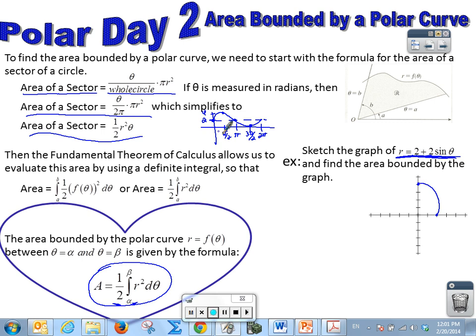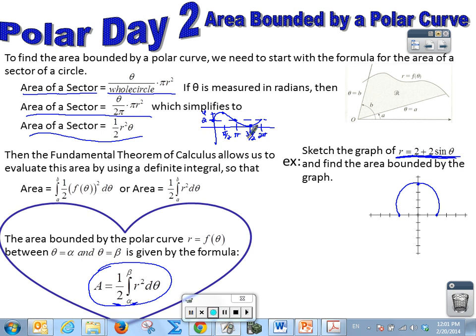If my angle measure is in the first quadrant and my r value is positive, I am in the first quadrant. And just a reminder from last year. So then we go to pi, and at pi we're at 2. Again, my r value is positive, so my curve is in the proper quadrant that the angle is in.